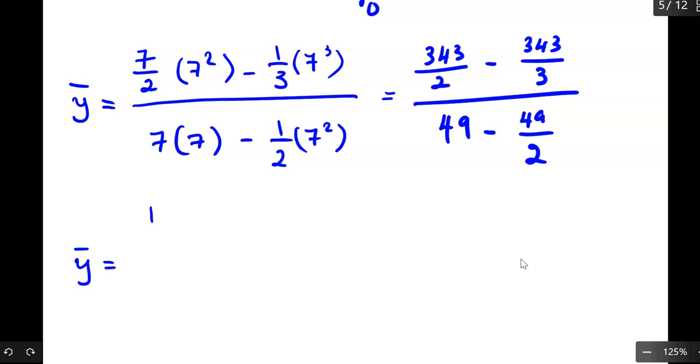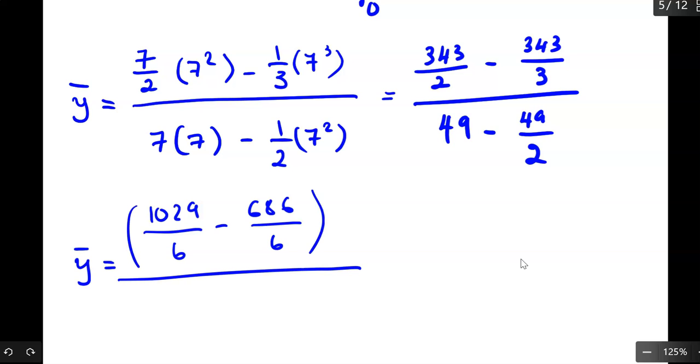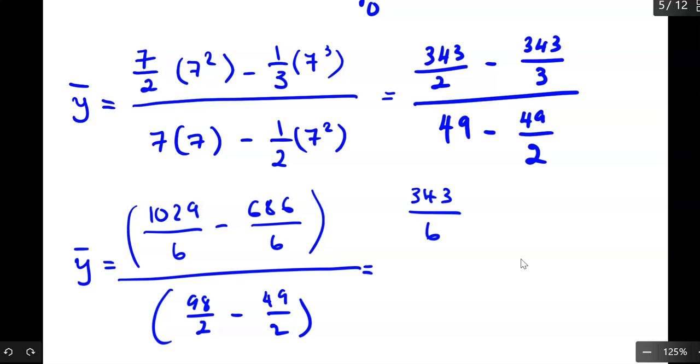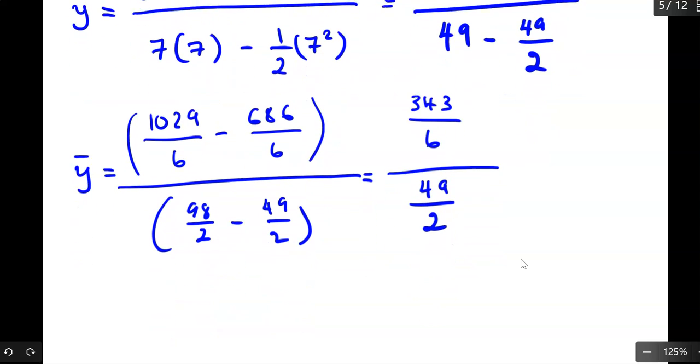So this one is 686 divided by 6, and this one should be 98 over 2, subtract 49 over 2, so here I should have 49 divided by 2.